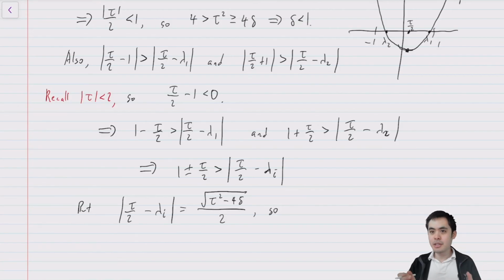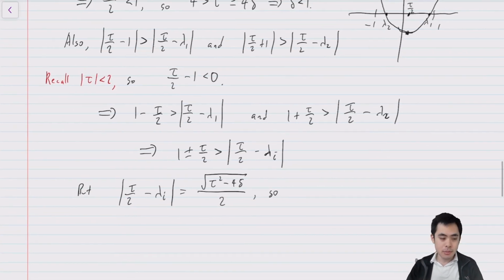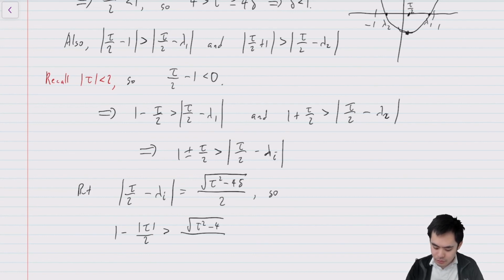That is, of course, just the consequence of looking at the quadratic equation formula earlier for the eigenvalues. But then, that implies that (1 - τ)/2 is greater than the square root of (τ² - 4δ)/2.